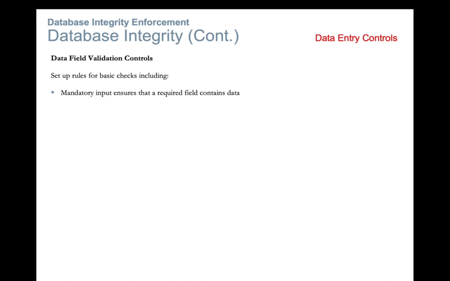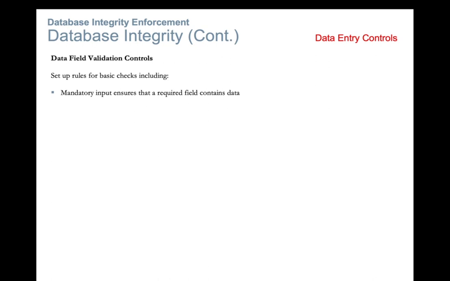That is, in a row, it must have a primary key that must be unique, and in domain integrity, the column must have the same format for all the rows. Mandatory input ensures that a required field contains data. It will not allow any null data.